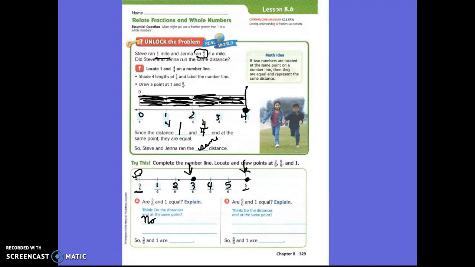Why not? Because the distances are not at the same point. 3/6 is only half of 1.